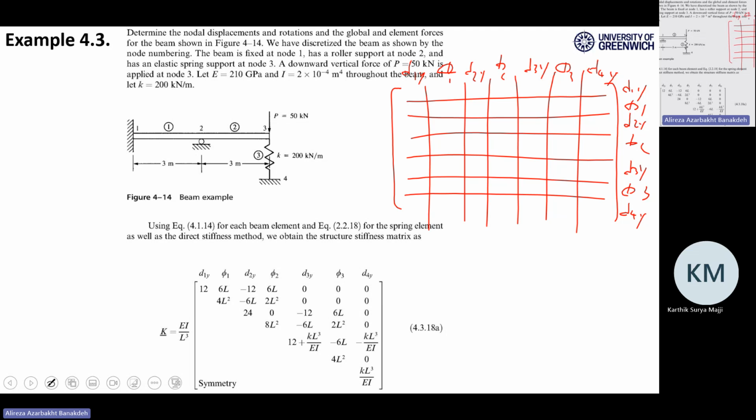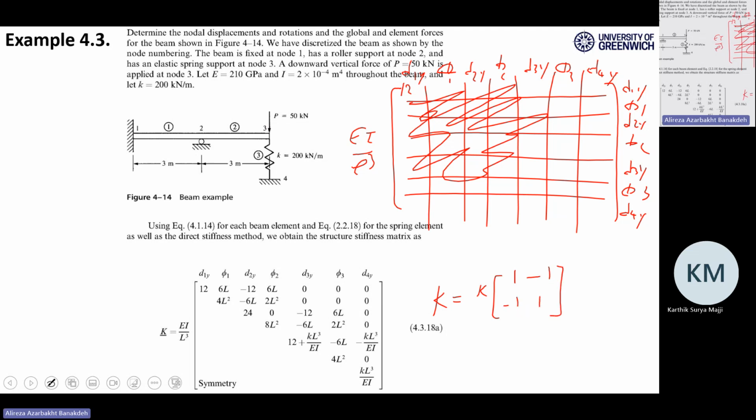So for example, the first one is 12, and EI over L cubed is for all of them. When you fill this part of the matrix, everything comes from those small 4x4 matrices, which both have EI over L cubed in front of the matrix. But I have another matrix for this spring, which says K, 1, minus 1, minus 1, 1.